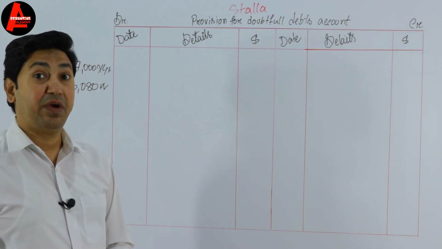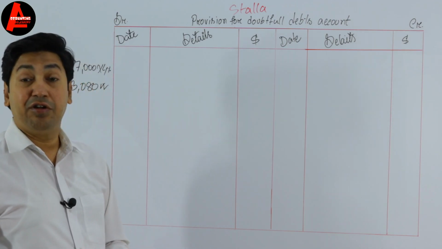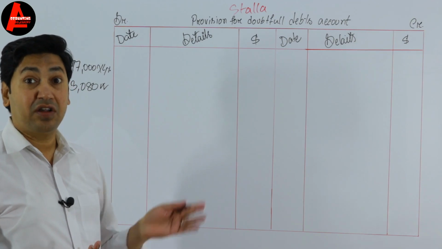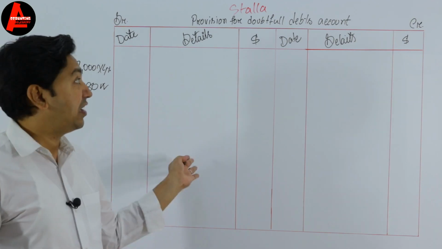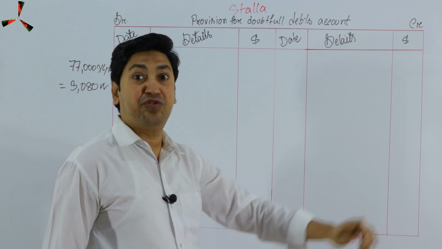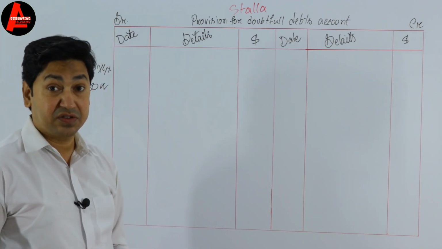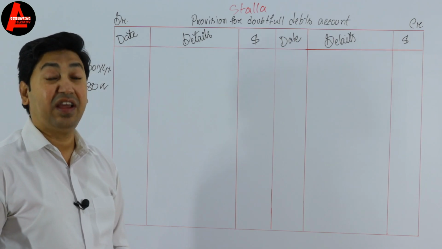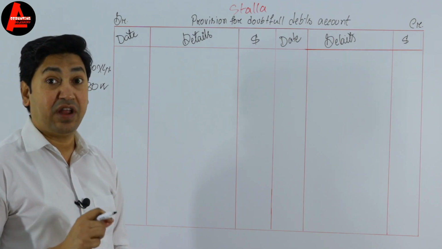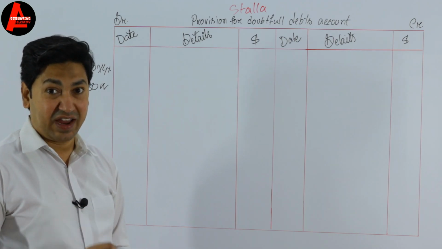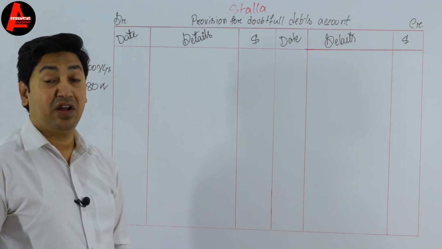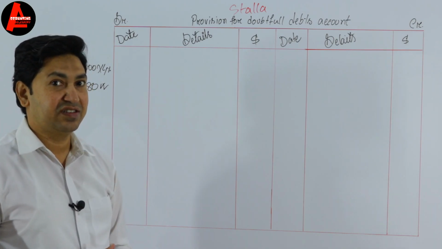But the question is where to write. Balance CD appears on the debit side, balance BD appears on the credit side. Provision for doubtful debts is an expense for the year, so this expense will appear as income statement on the credit side.